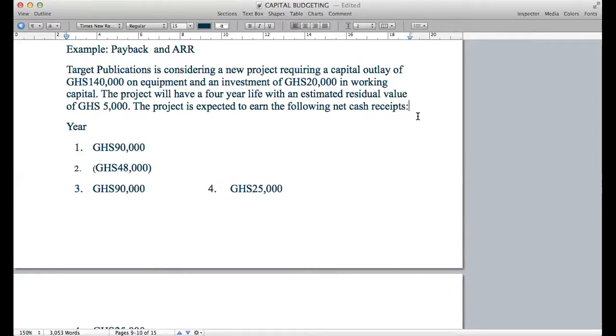Good. So I'm just adding one sentence to it. An amount of 30,000 will be paid in year 3, in respect of additional production cost.